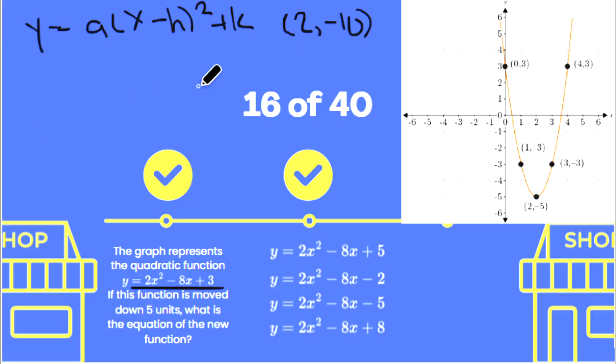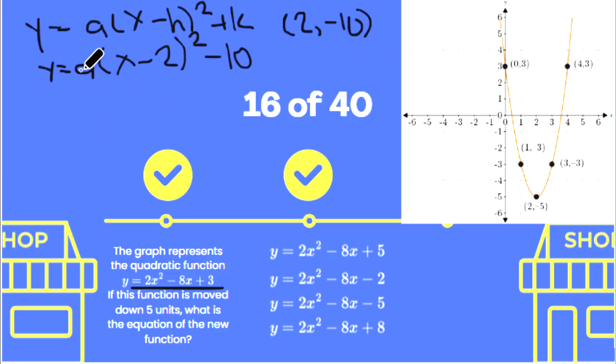If this is our vertex, this is h and k, so we now have y equals a times (x minus 2) squared minus 10, where 10 is k. This is our new vertex formula.